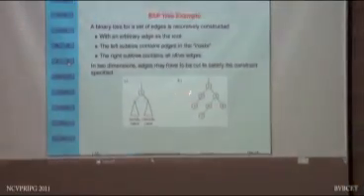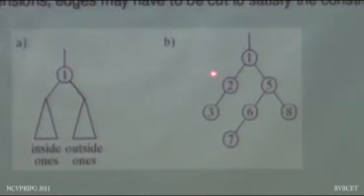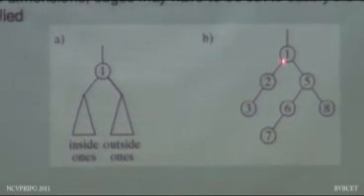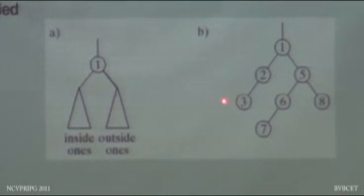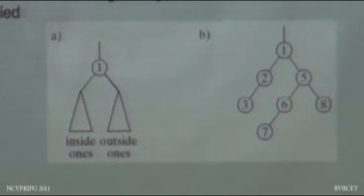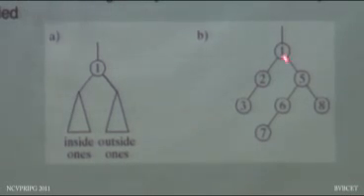Initially we constructed the tree such that if 2 is on the same side as me, then 2 goes into the left subtree. If 3 is on the same side as 1, it goes in the left subtree. Whereas if 5 is behind 1, behind this partitioning plane, then I put 5 in the right subtree.